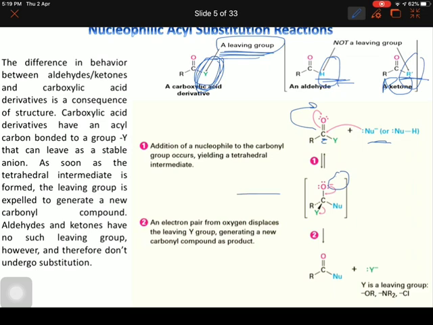The intermediate holds everything together: the nucleophile, the leaving group and R. Then the negative charge rearranges and forms the carbonyl again with the nucleophile, and the leaving group gets out. This is the general mechanism for all the carboxylic acid derivatives.